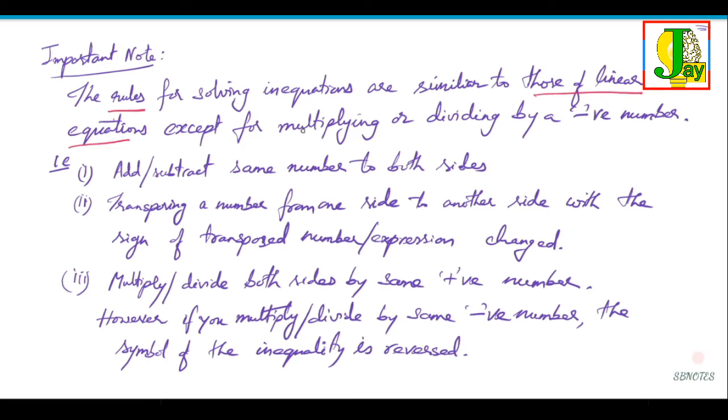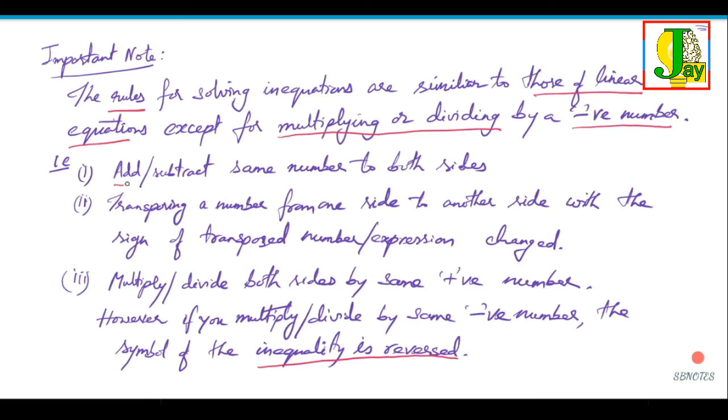When you multiply or divide by a negative number, only in this case, remember, you reverse the inequality sign. Only that portion you have to remember. The other part is the same as we do in linear equations.